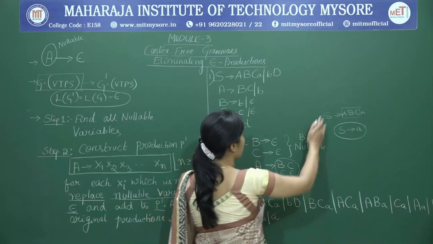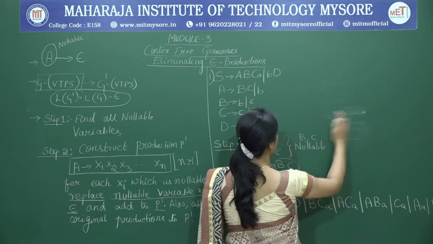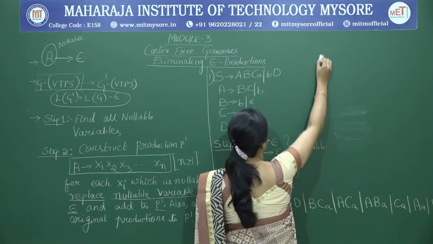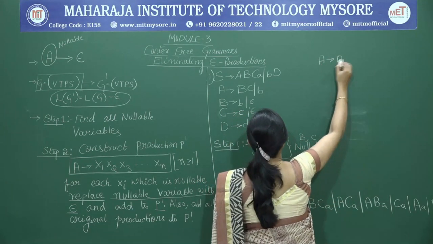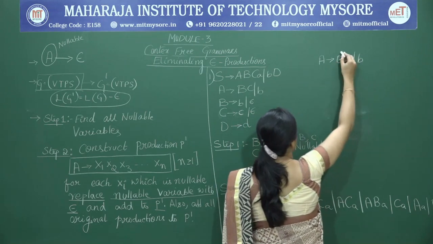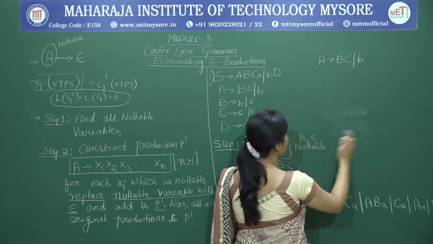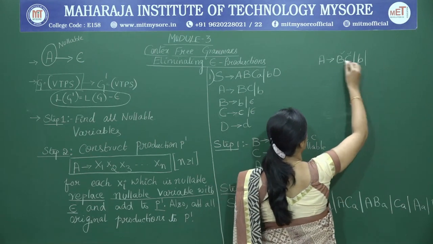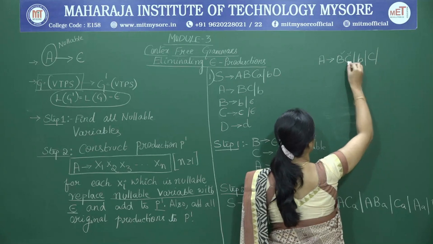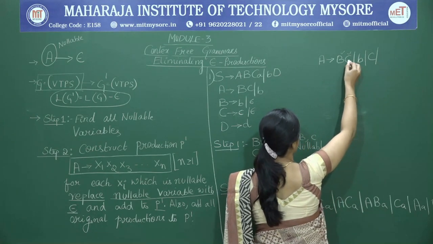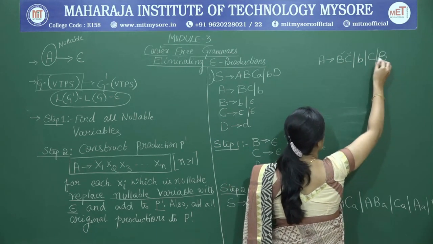Next, we will take up the next production. So the next production is A goes to BCB. So now here B and C are nullable variables. So therefore, we will find out what happens if you put epsilon in place of B, we get AC. We put epsilon in place of C, we get AB.